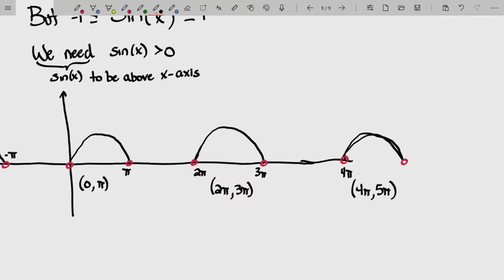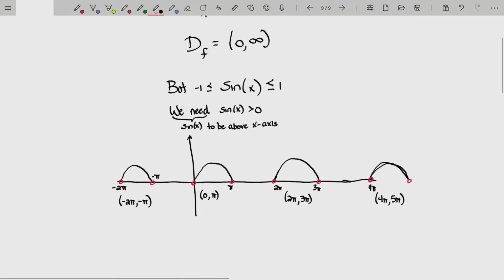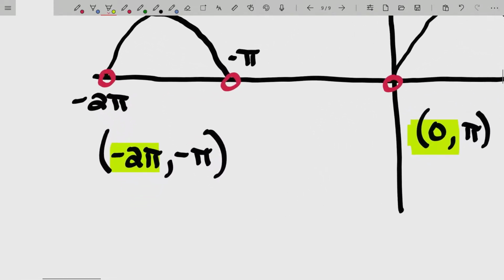I hope you can see a pattern from negative 2 pi to negative pi. If you can't see it, take a look at the coefficients of pi in the first coordinate. The coefficient here is even, even, even, even. So every interval where the sine is positive starts with an even coefficient on pi and ends with an odd coefficient on pi.